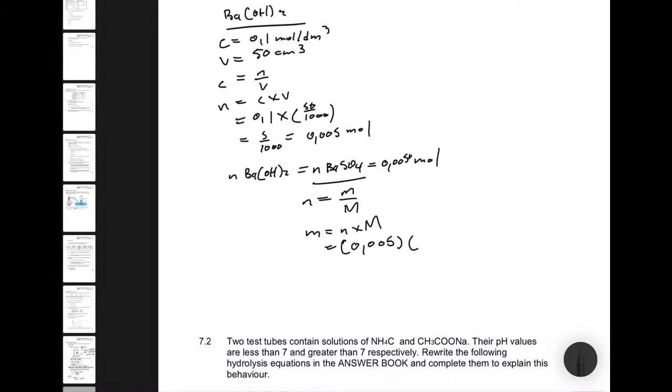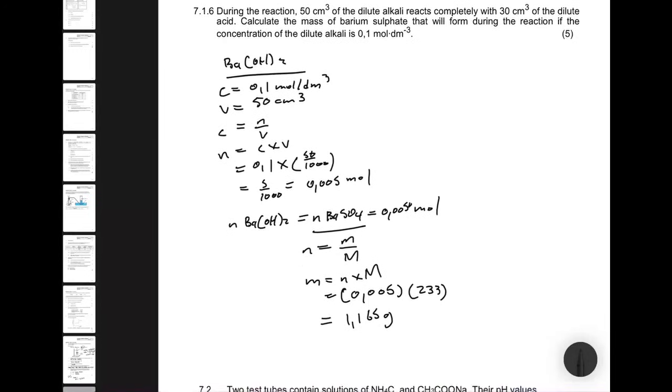If you add the molar mass of barium and SO4, that will give you 233. So 233 multiplied by 0.005, that is 1.165 grams. So the mass of the barium sulfate that will be formed will be 1.165 grams. I hope that is clear.